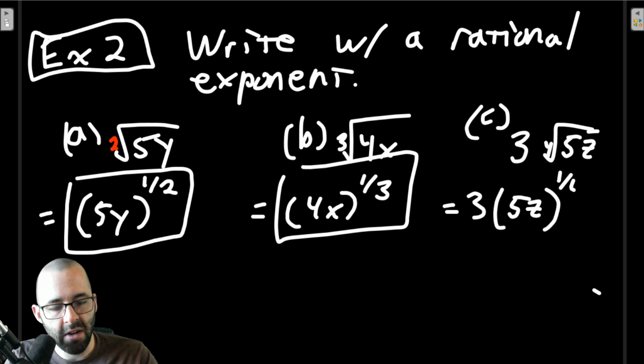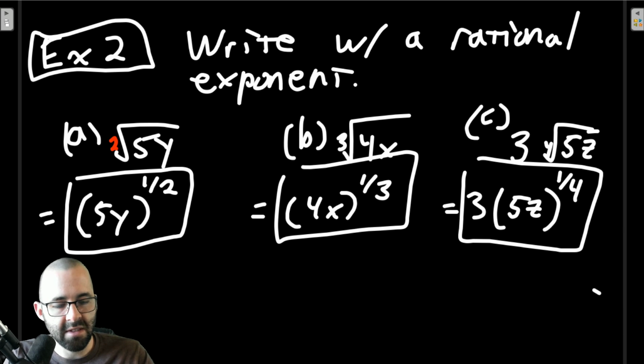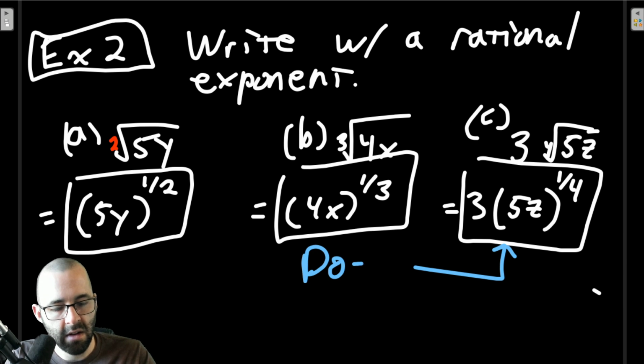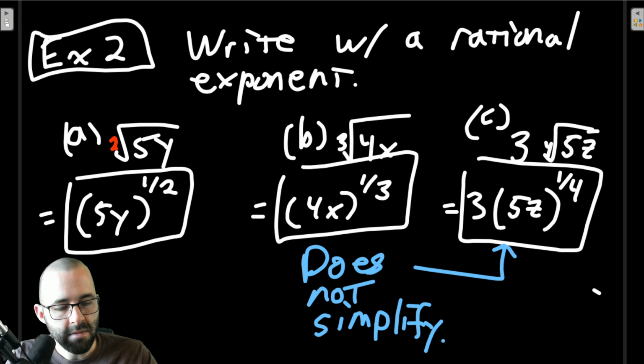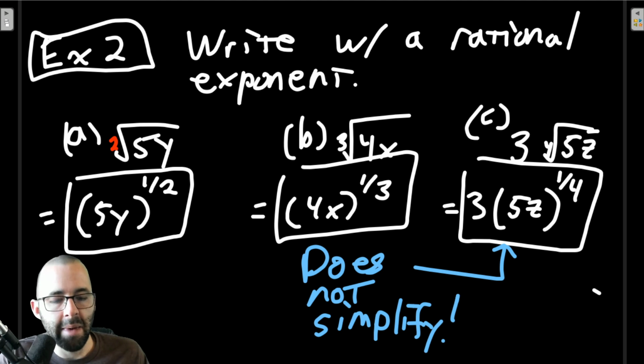We'll get an exponent of 1/4. Be very careful. This does not simplify. So just be a little careful with this. You can't combine things unless they have the same exponent in general. All right, so this is where we're going to leave all of these. Go ahead and get started on the first chunk of problems, and good luck.